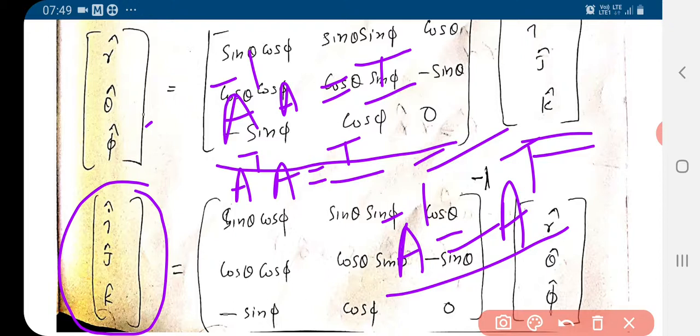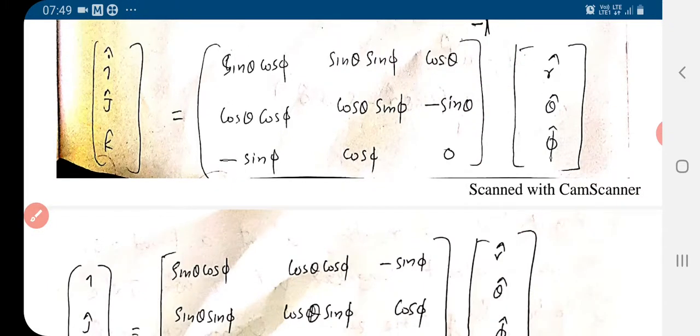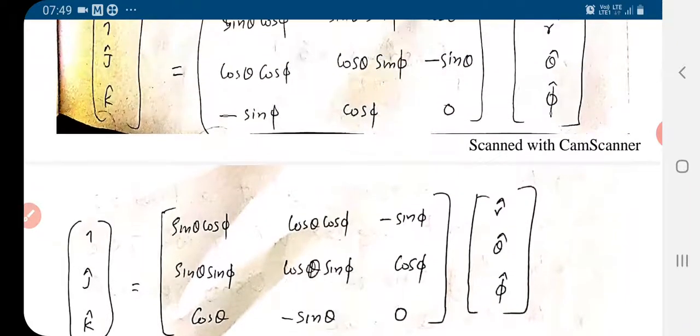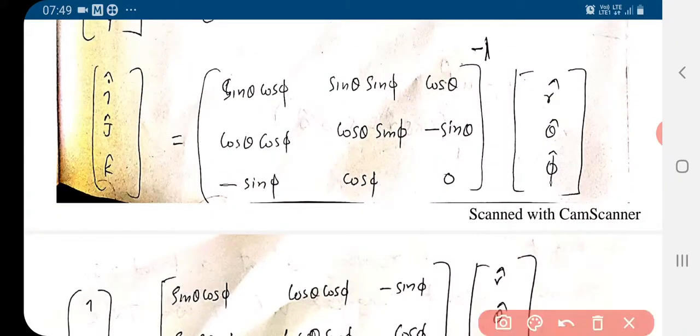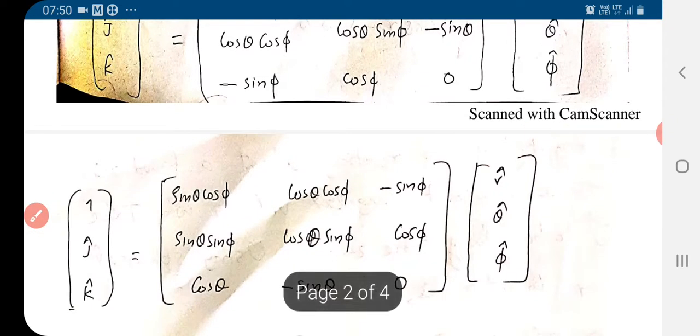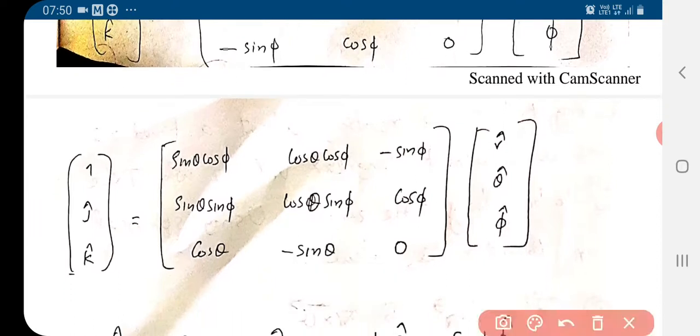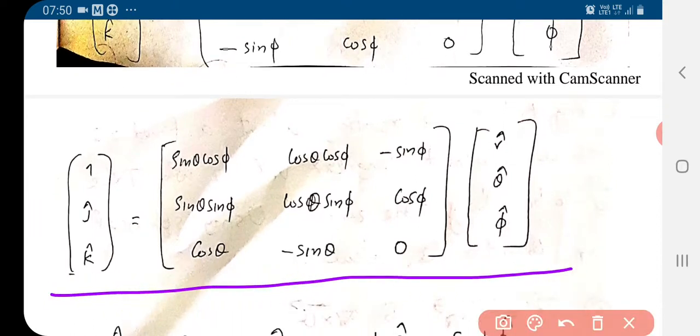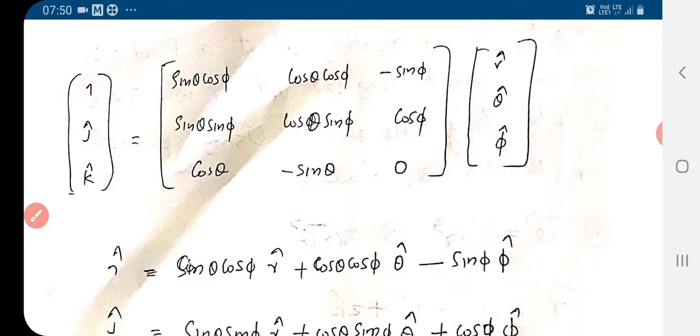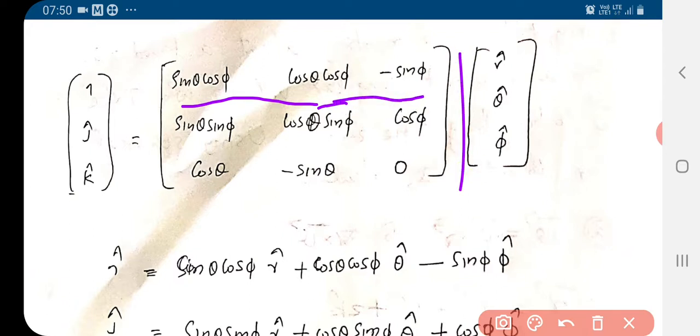So for taking the inverse, we just take the transpose. So we get i, j, k equal to the transpose of the previous matrix. From this we can straight away write i as sin theta cos phi unit vector r, cos theta cos phi unit vector theta, minus sin phi unit vector phi.